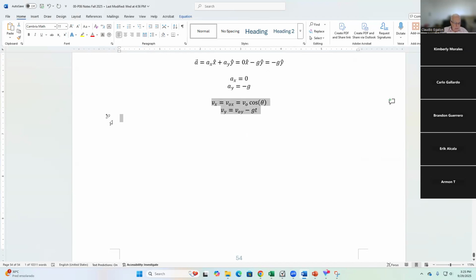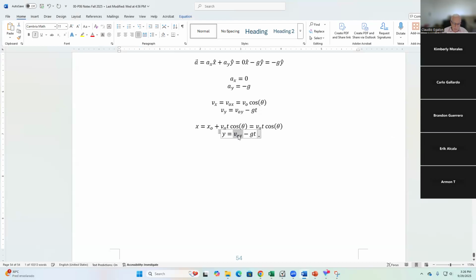And now we can finish with the position, right? So here you go, x. Since it's uniform motion, all you gotta do is to use the equations for uniform motion. X naught plus v naught x t, where v naught y equals v naught sine of theta. But don't forget that since the projectile is at the origin, we can eliminate the x naught from the equation. And now we do the same for the y.